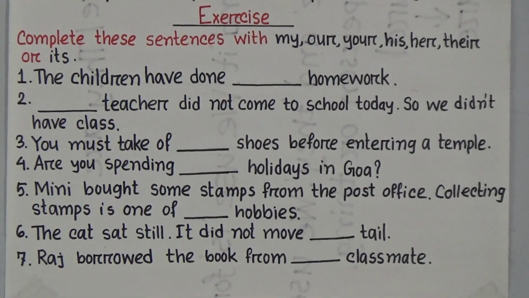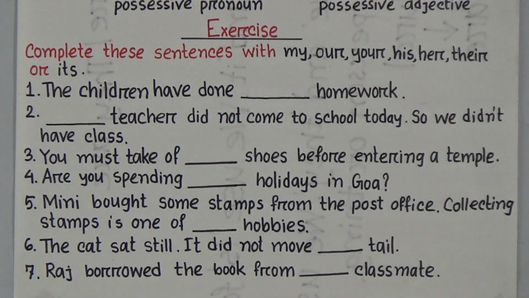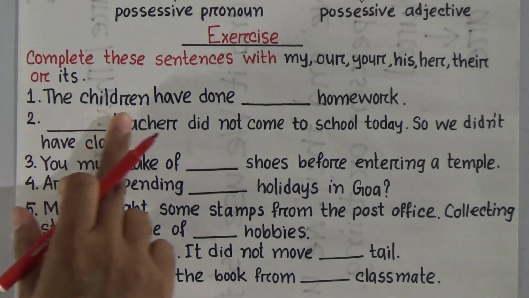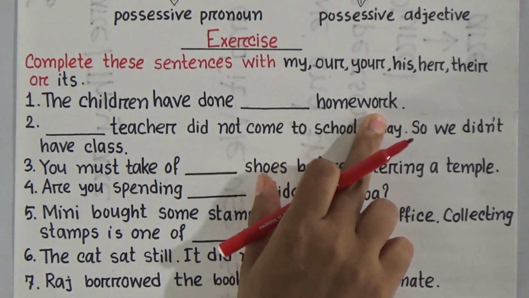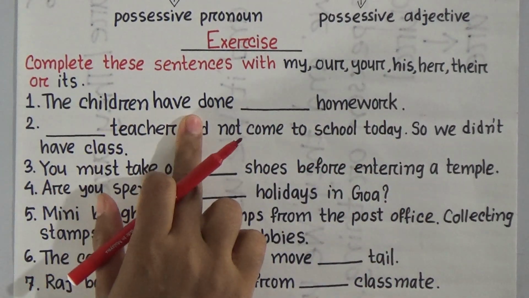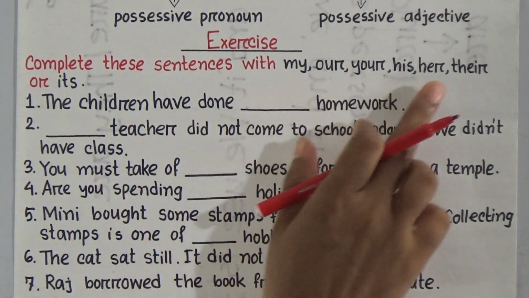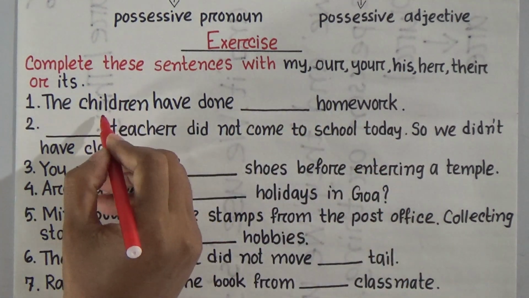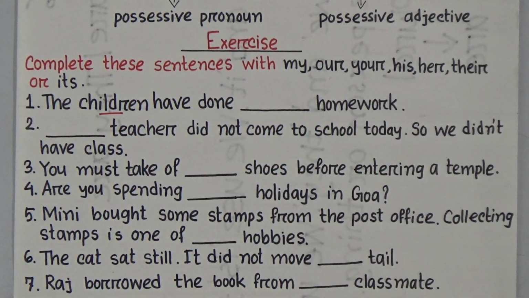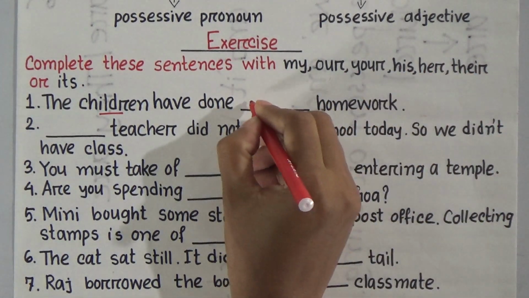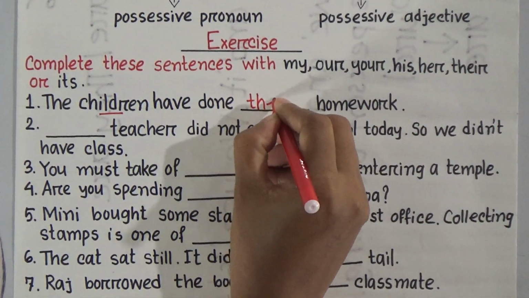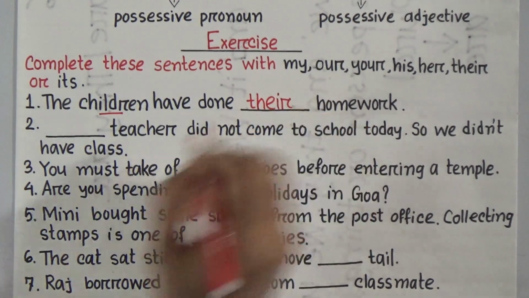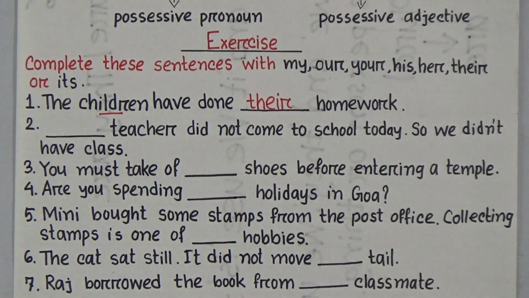First one, the children have done dash homework. The children have done their homework. Children, the word children is plural, so you have to use their. T-H-E-I-R. The children have done their homework.